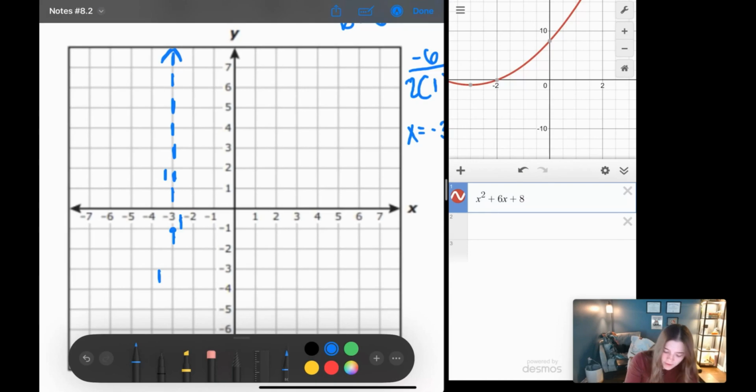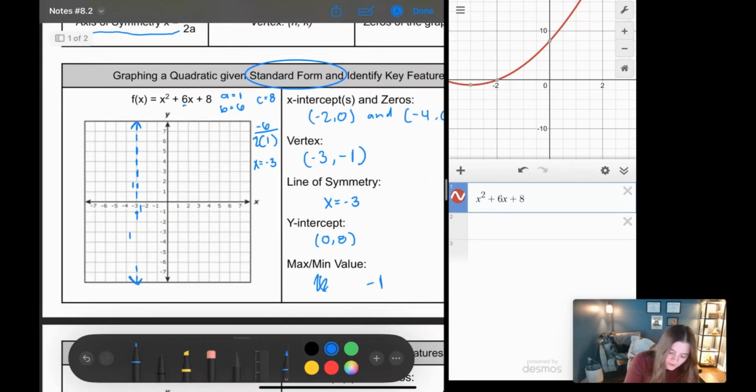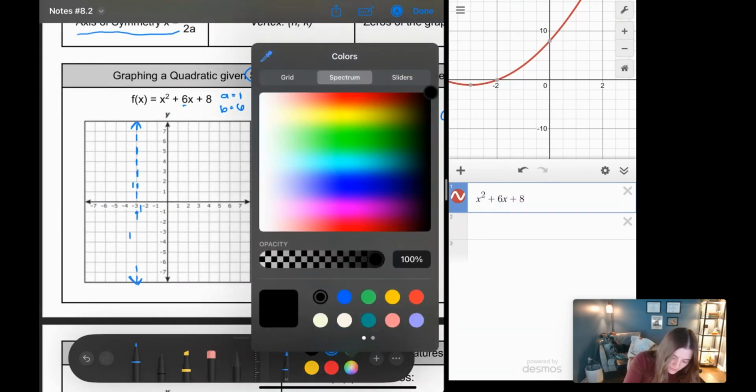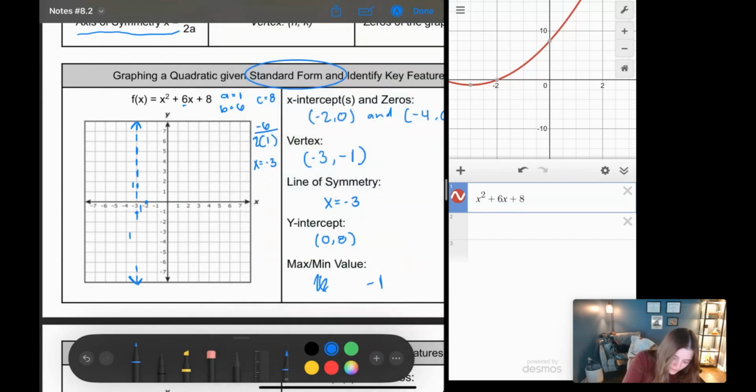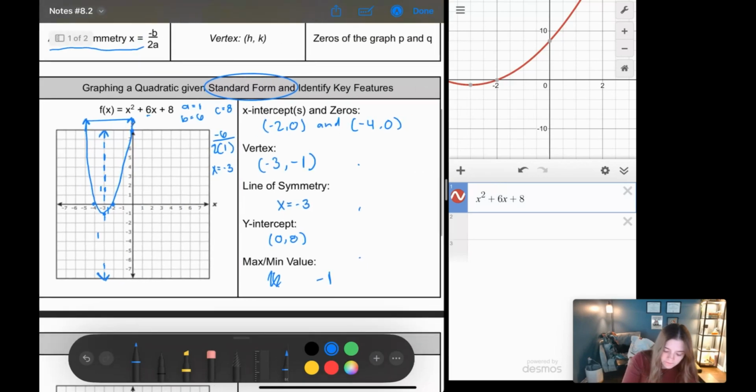Then my zeros, look, we're at -2, -4, so I'm going to mark those. My y-intercept was at 8, and so my line should look something like this. It's not going to be perfect, but as long as you have perfectly marked each of these, you are good to go. All right, let's look at another one.